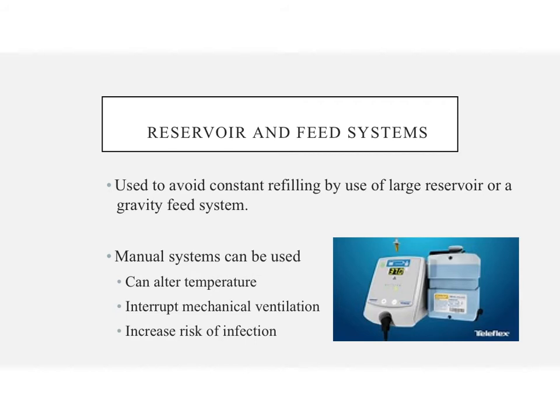Our biggest risk of infection also costs the hospital money. If a patient gets what's called a VAP, or ventilator associated pneumonia, or a ventilator associated infection, their insurance company, whether it's private insurance or Medicare, will not reimburse the hospital for any treatment after they get a hospital acquired infection.